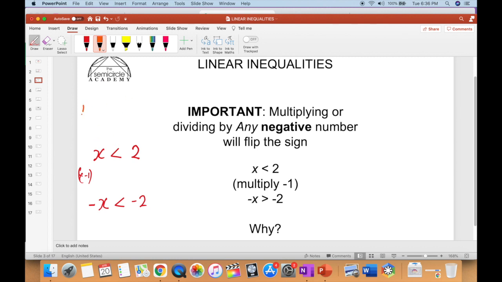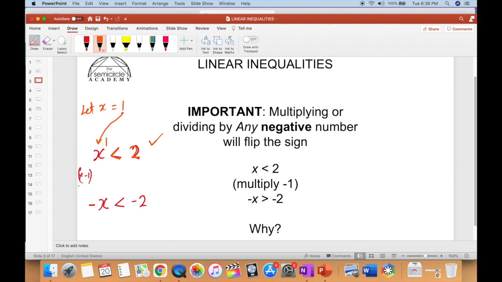Let's use something easy. Let x equal 1. So you see, I plug that in there. 1 is less than 2, so that is totally true, right?